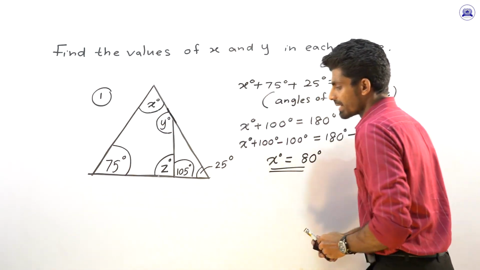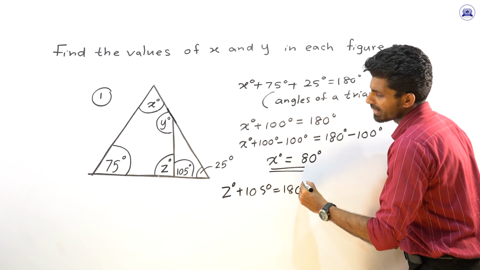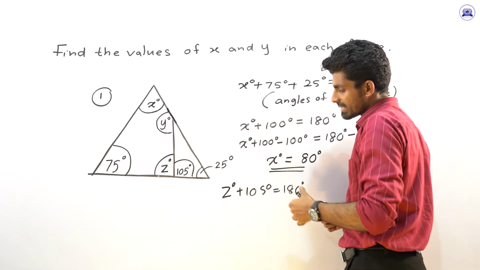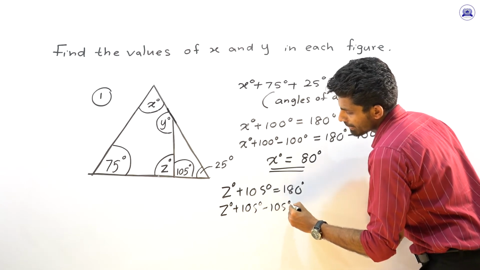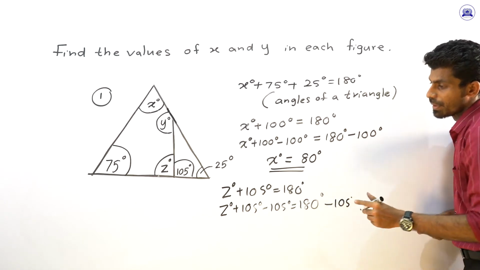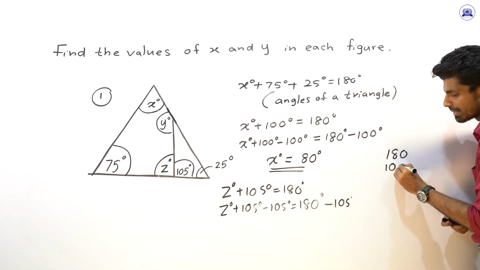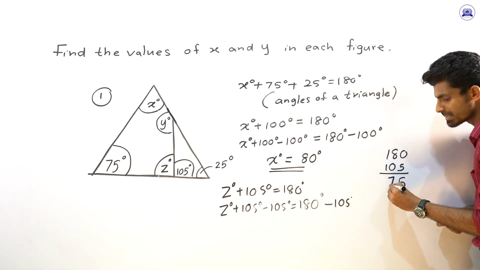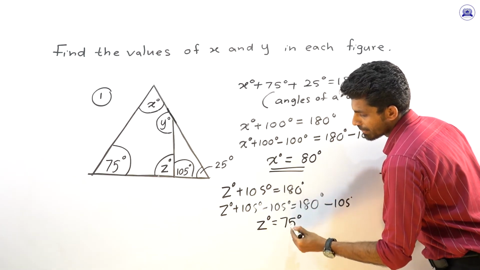So we can write z plus 105 equals 180. Then z plus 105 minus 105 equals 180 minus 105. 180 minus 105, what is the answer? 5, then 7 minus 0, 7. 75. Then z equals 75.